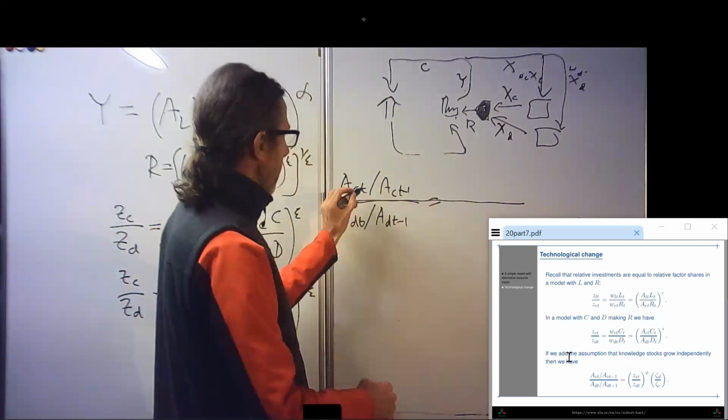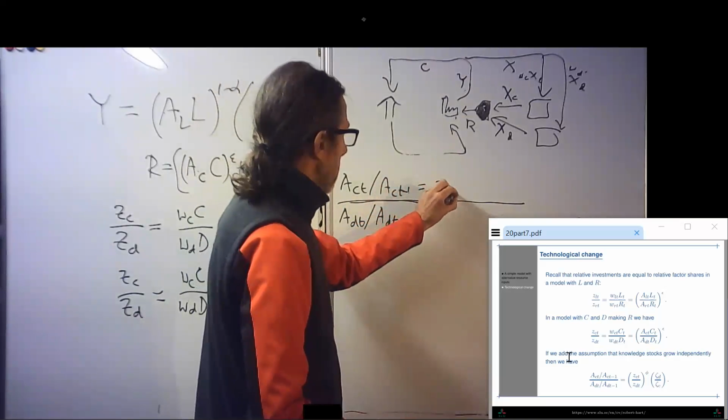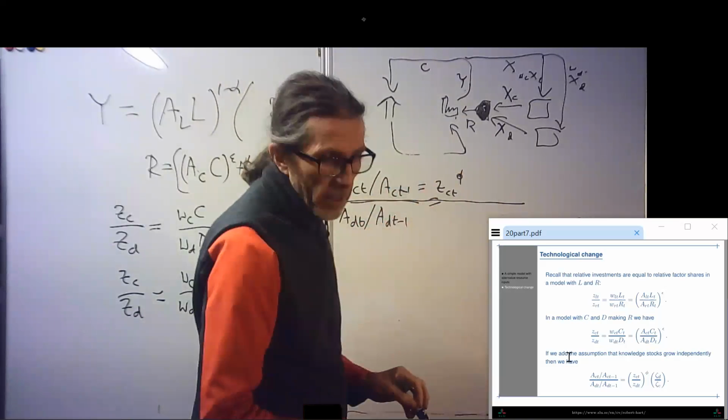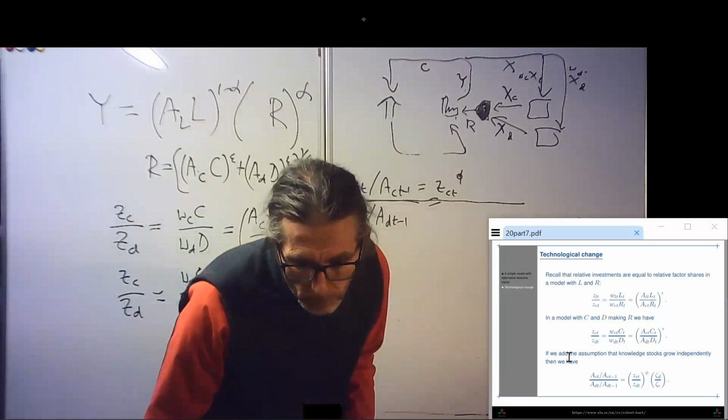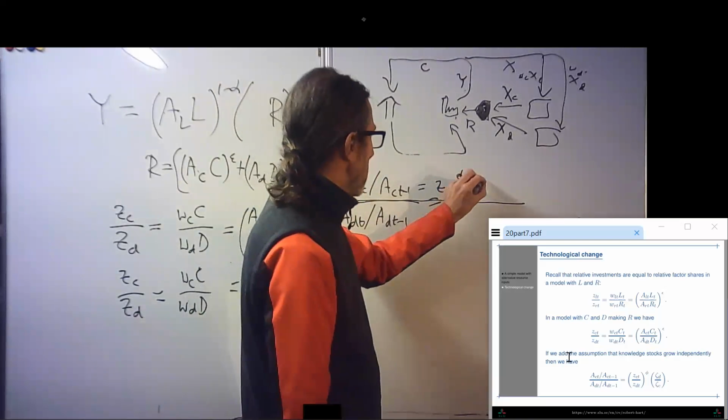Let's say ACT over ACT minus 1 is ZCT to the phi over zeta C.